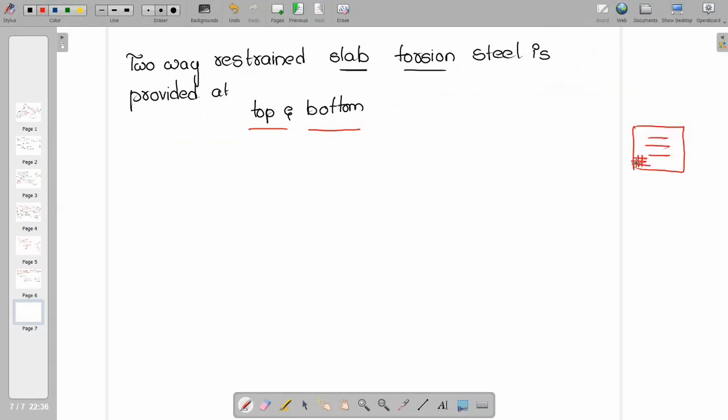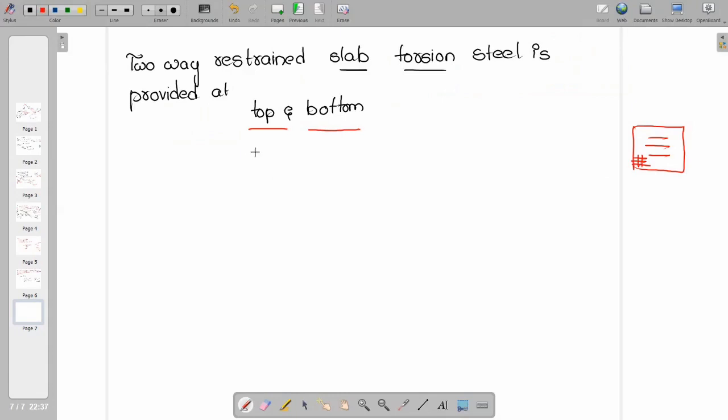That is the reason they are provided top and bottom. Do you remember that, students? Are you following?